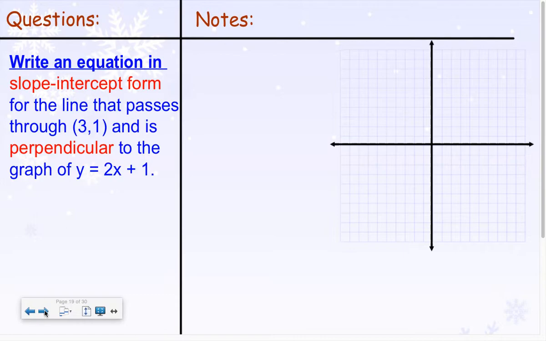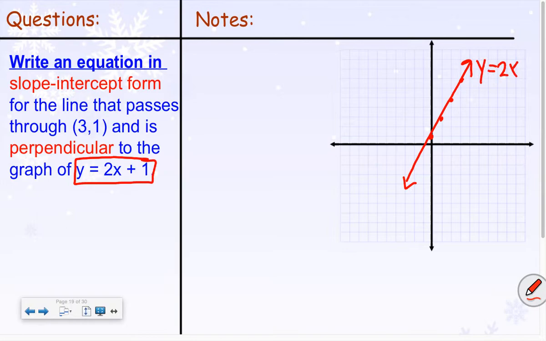All right, last one. This time our original line is y equals 2x plus 1. And our new line is going to go through the point (3, 1).